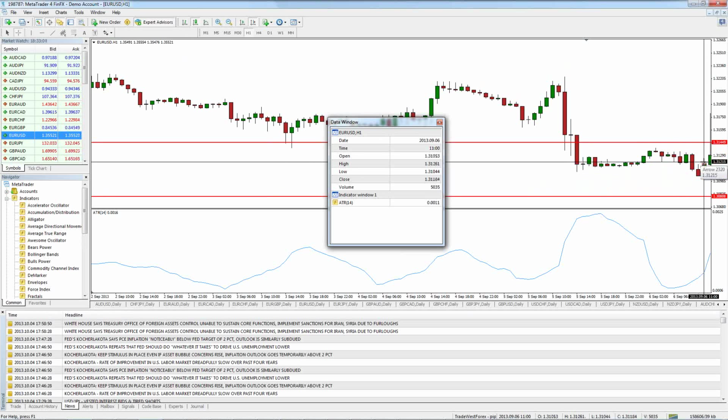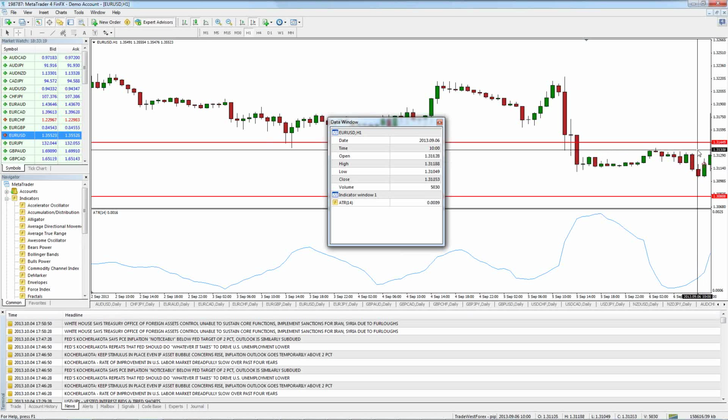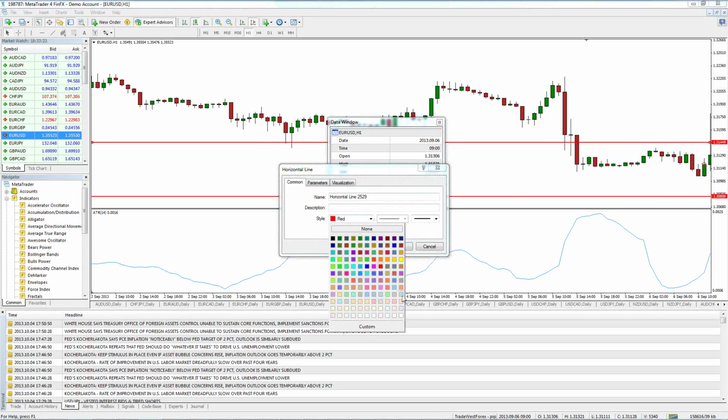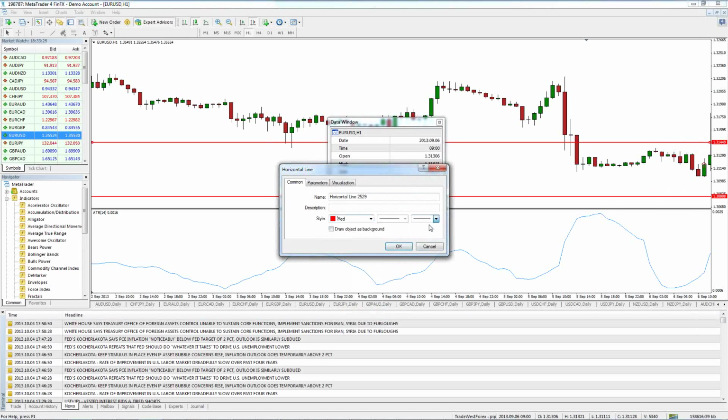All we did there was we took the entry at 31.21 and added 3 ATRs, which you can see over there was 11 pips times 3, 33. So that's roughly about 31.44. So I'm just putting a line there for reference. So I'm going to change the color of that so nobody gets confused.